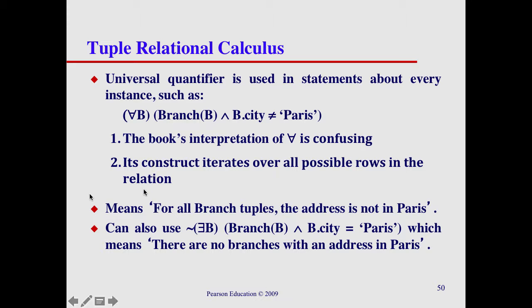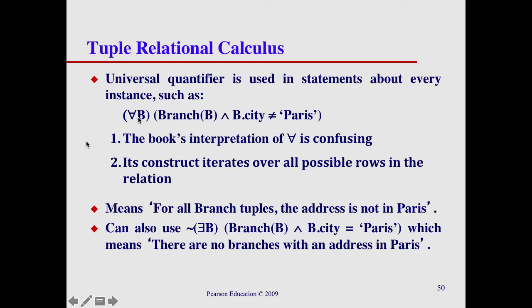And as you probably learned very early on with De Morgan's laws, you can interchange for all and there exists. For all is the same as saying there does not exist, and then negating whatever the predicate was for the for all.